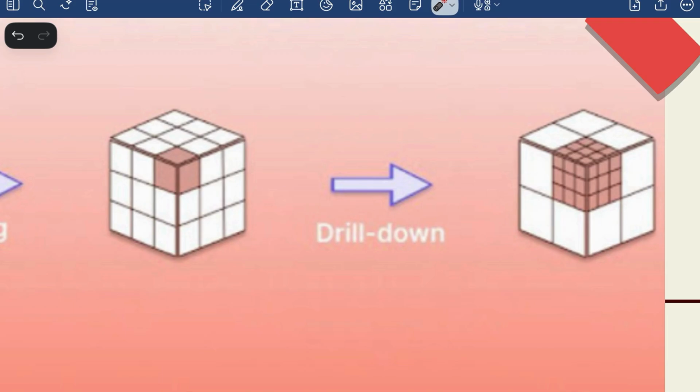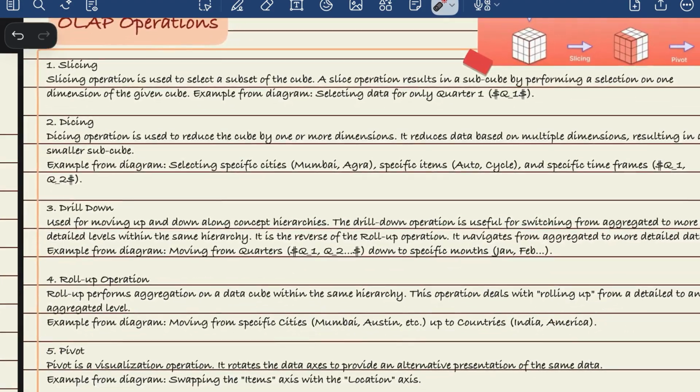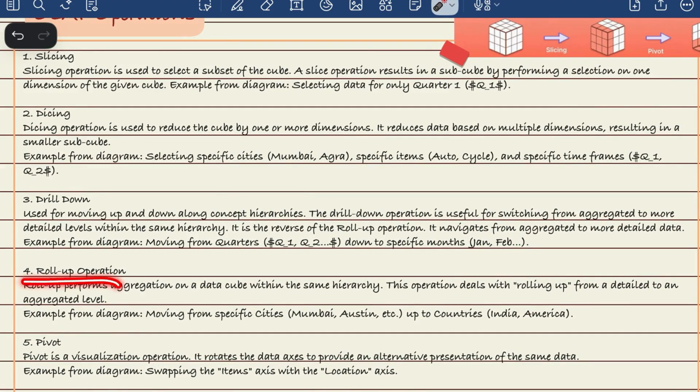You're zooming in. And then the opposite of drill down is the roll up operation. Just like we zoomed in with drill down, in roll up we are zooming out, right? We apply some mathematical operations, and then we aggregate it, we summarize it, and then we get the overall higher level answer to what we are looking for.